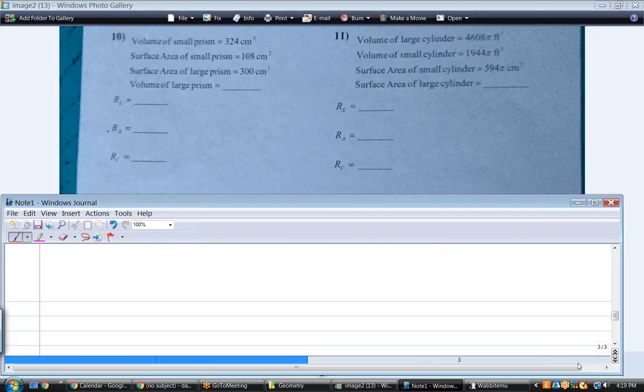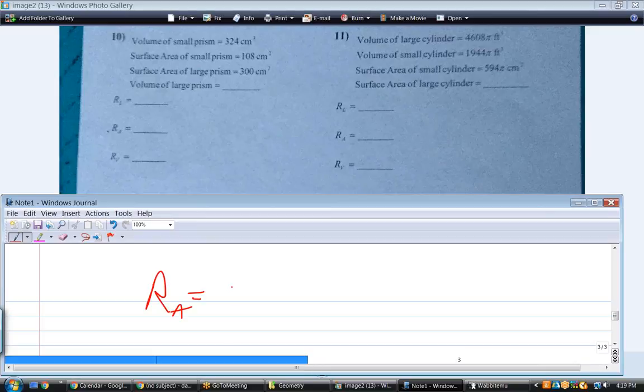Okay, so let's look at number 10. Which ratio have they given us the data to figure out directly? Which of those R's are we going to be able to figure out first? Area. Okay, what's that ratio? 108 over 300.